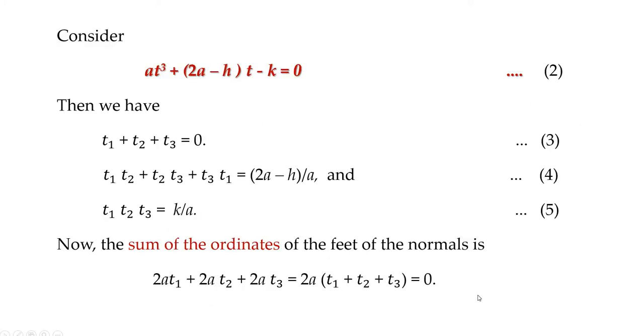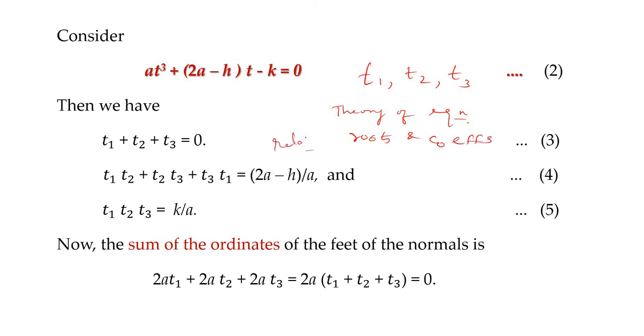Right. Now having got the cubic equation, being a cubic equation it will have 3 roots, let them be t1, t2, t3. Then from the theory of equations, we know the relation between roots and coefficients.